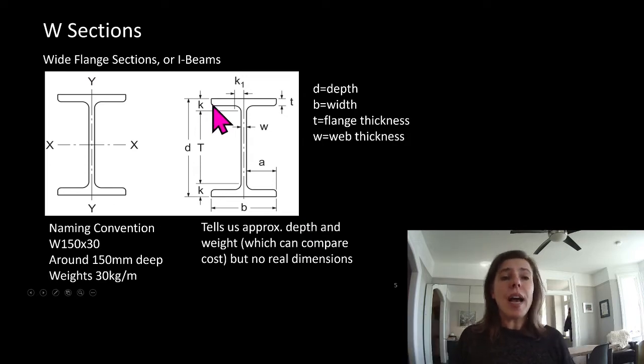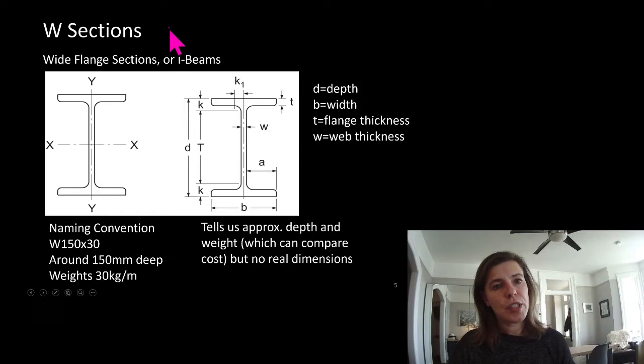So our types of sections become pretty important. Most of what we're going to do is going to be with W sections or with HSS sections.